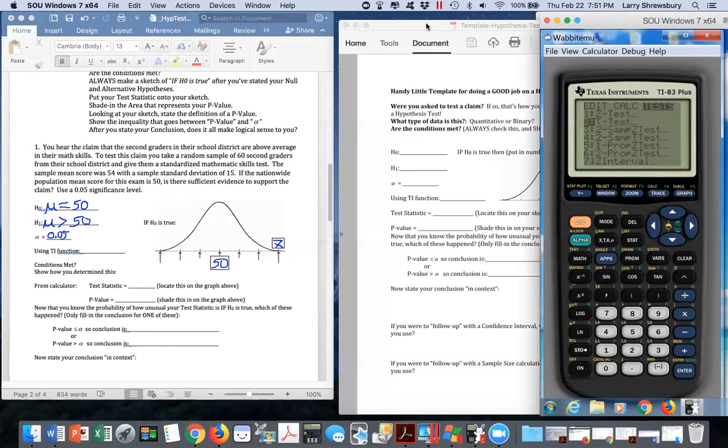Before I get in there, let's fill in our little template here. We want to use t-test, and it's always very helpful on exams to document what you're using. Are the conditions met? We'll say yes, because remember the conditions are you have a random sample. None of these methods work unless you've got a random sample. And our sample size n was at least 30.